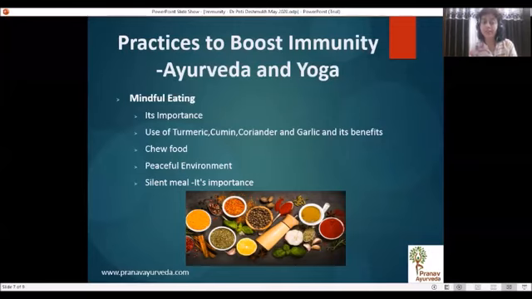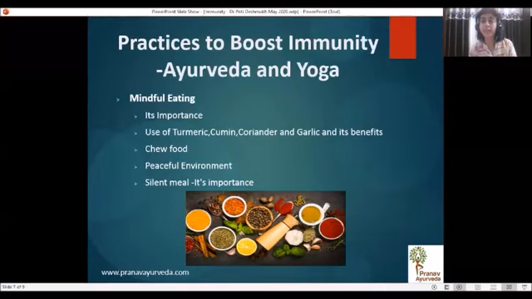We can use turmeric, cumin, coriander and garlic. These all are Indian herbs which are used in our day-to-day kitchen work and we use in preparing different kinds of vegetables.